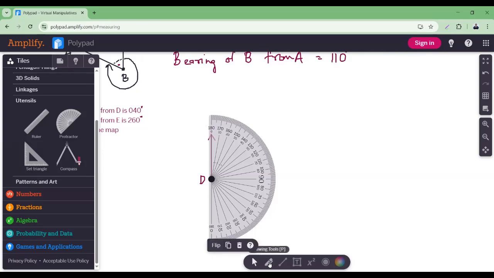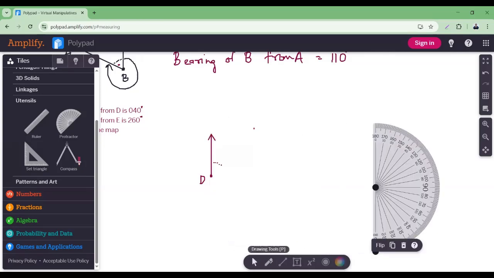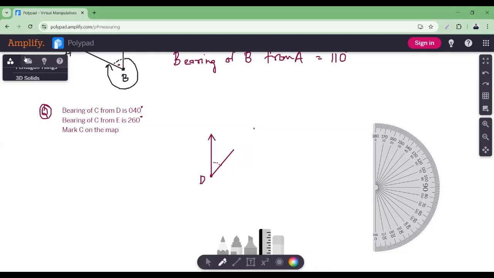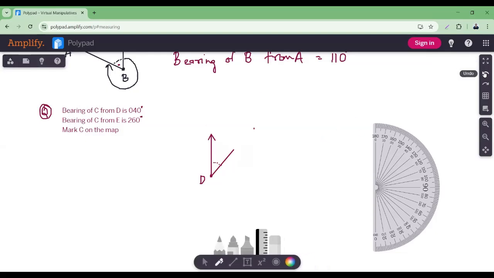So keeping it here, my 40 degrees is coming to be at this place. So I am going to draw a line at 40 degrees, and the C I'm talking about can be anywhere here. The C can be at any place on this line. I don't know where it will be, so I'm just going to draw a longer line and extend it. C can be at any place here.